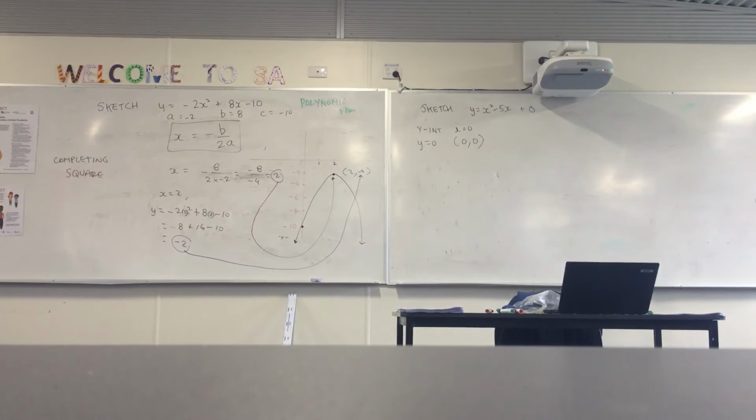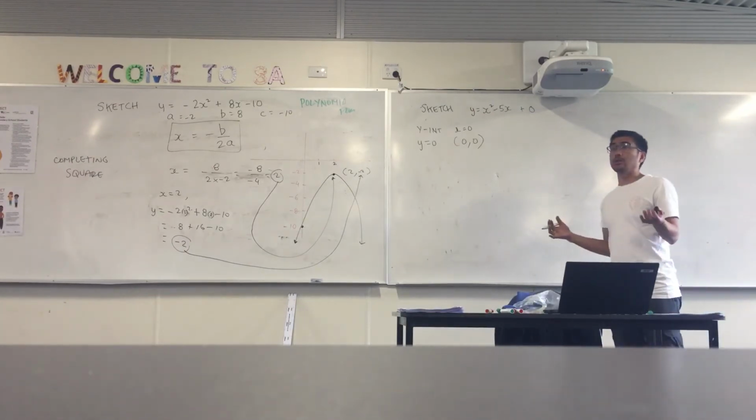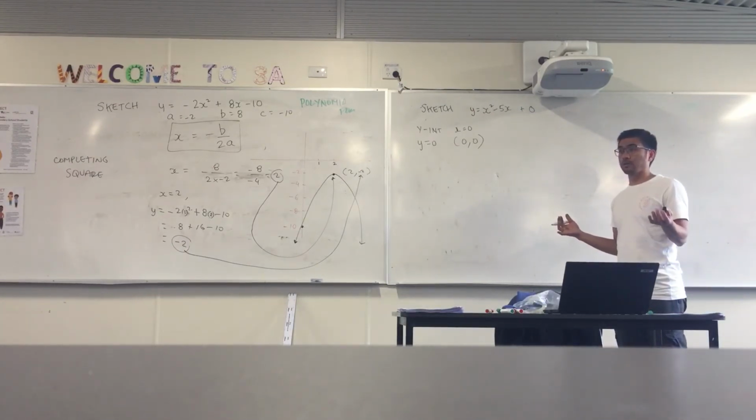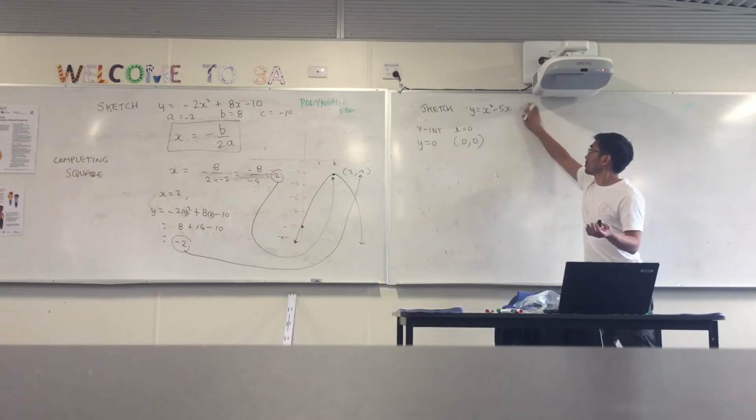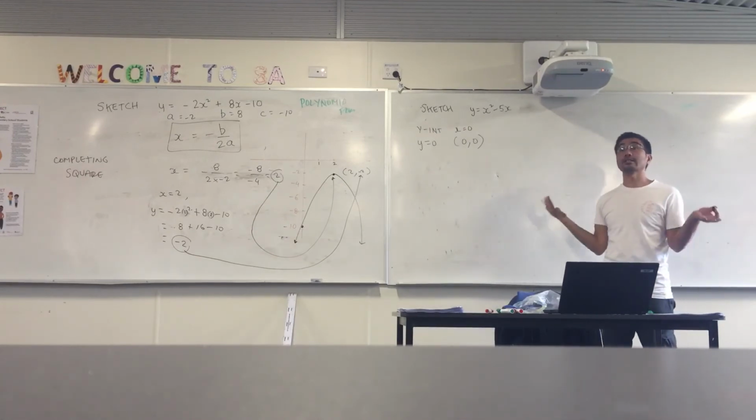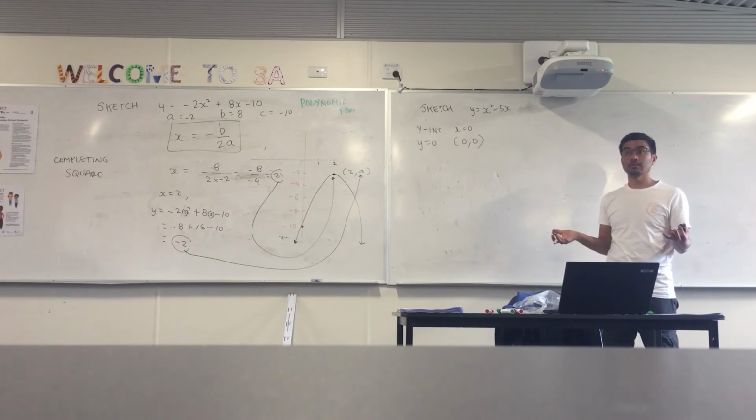Alright, so we've done one intercept. Let's do x-intercepts. How do I start that off? What needs to happen to have an x-intercept? Y equals 0.